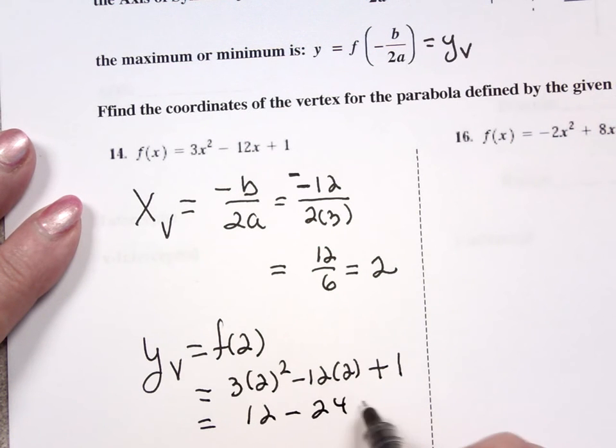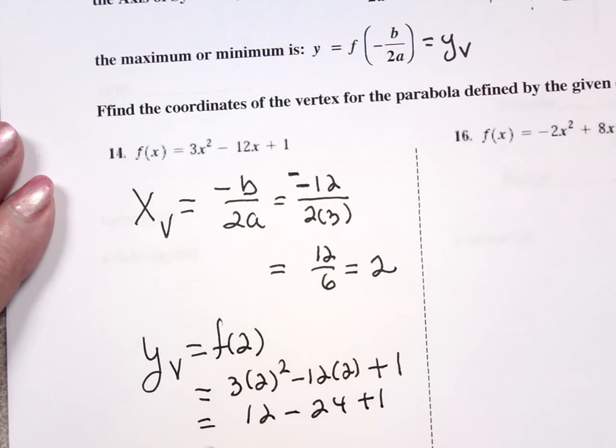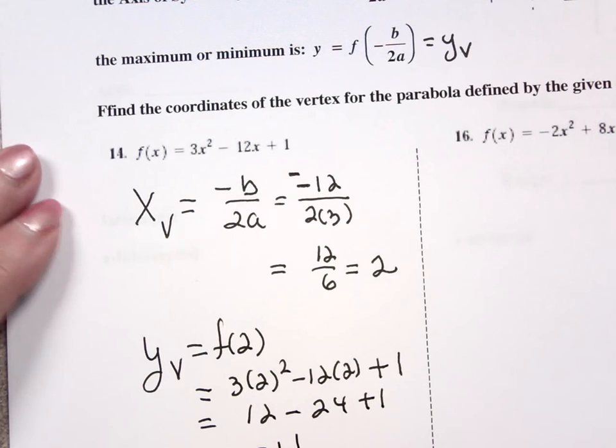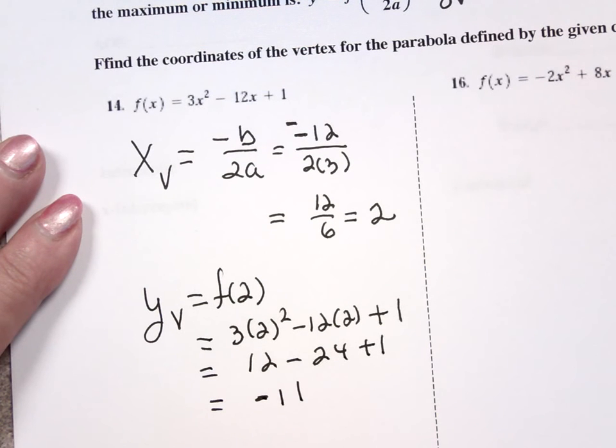Oh, isn't that cute? Plus 1. It's minus 12 plus 1, or minus 11. So the vertex is 2, minus 11.